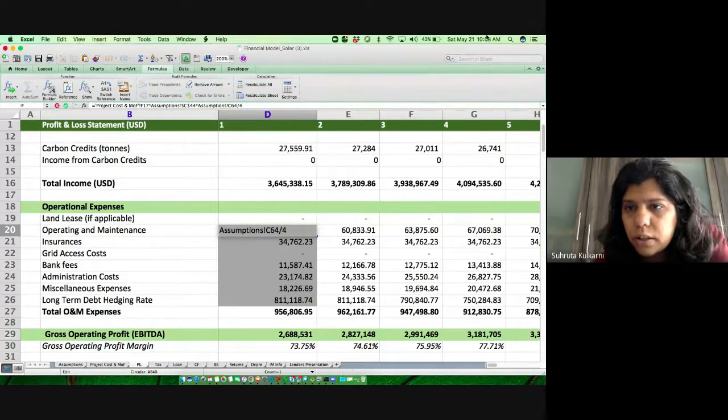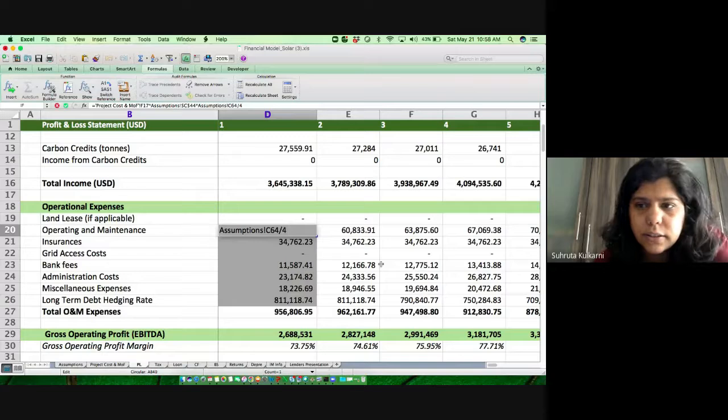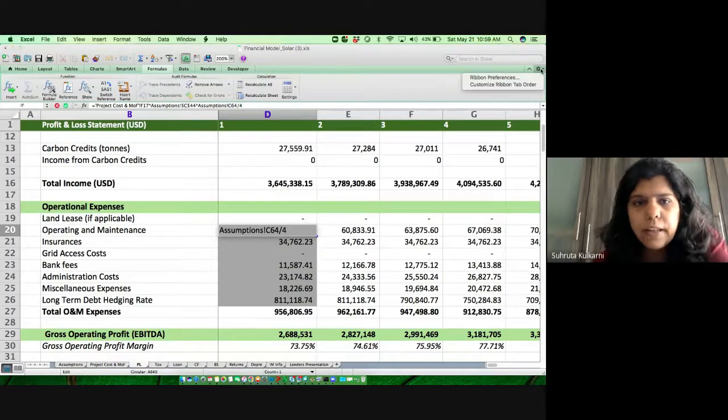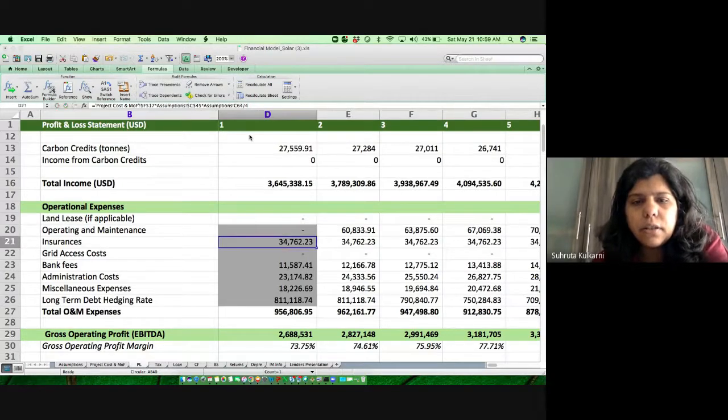Is there a way that I can increase this? No. You can see the formula over here: project cost into assumptions, then again there is some pricing assumption, and then divide by 4. It depends upon what you're looking at in the first year. So again, this is a different first-year formula.